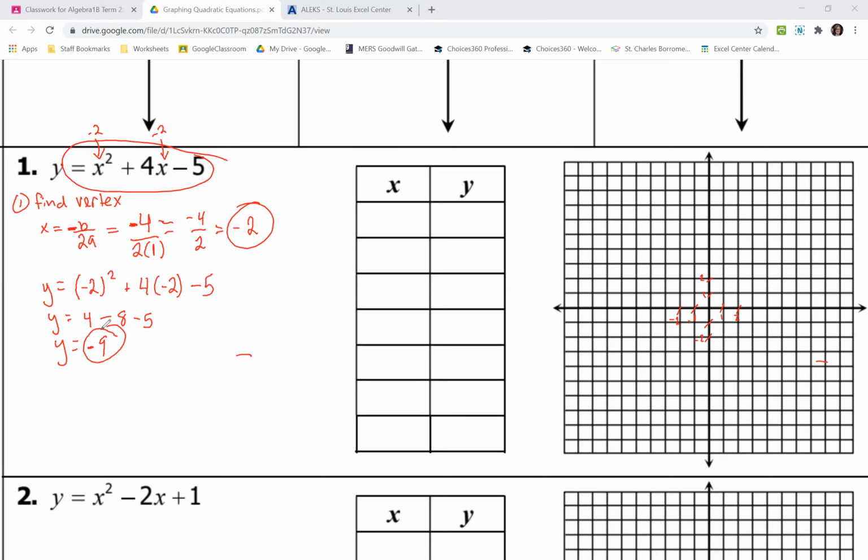When you're first learning how to graph a quadratic, what you're going to use is an XY chart. Depending on the type of graph you're trying to graph, you pick a number of points.